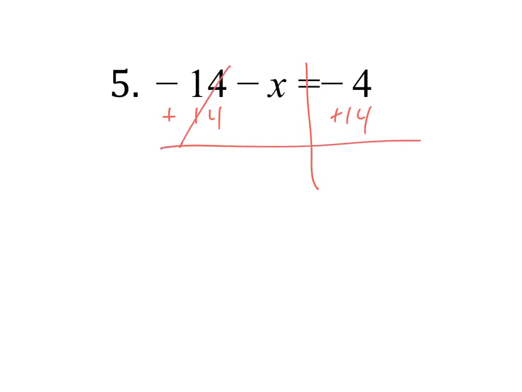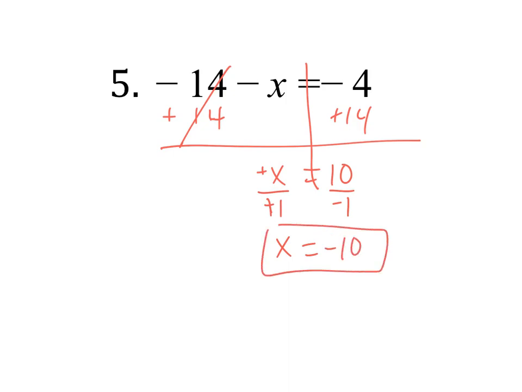Those will cancel on the left, and we'll be left with negative x equals negative 4 plus 14, which is 10. And then in this case, I'm going to divide by negative 1 again on both sides. That gives me a positive x equals 10 divided by negative 1, which is negative 10.